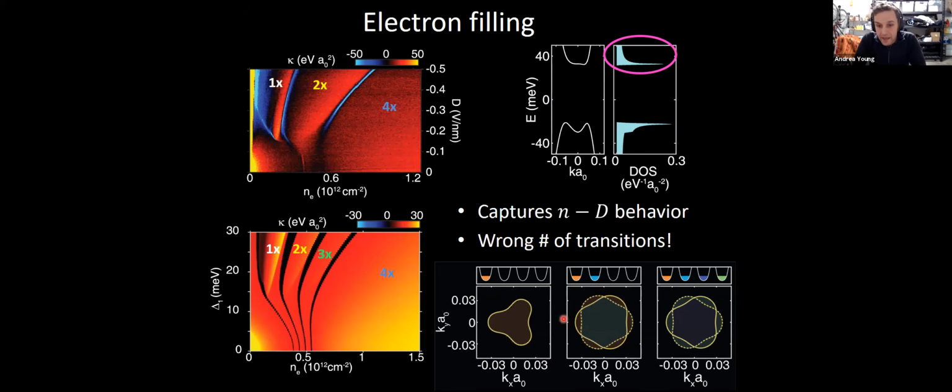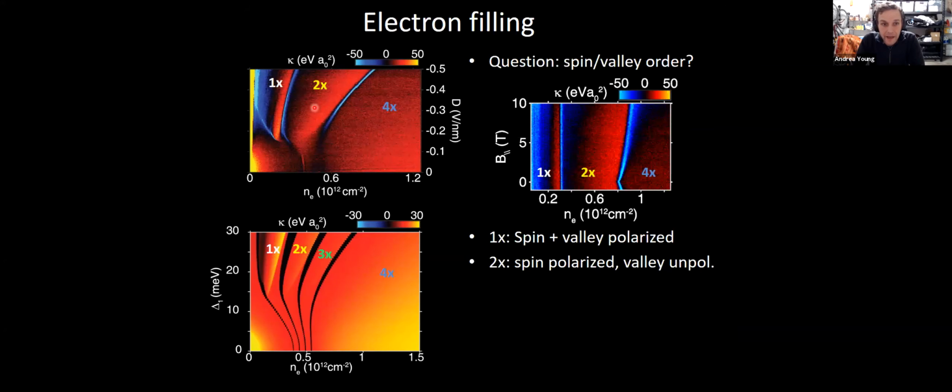But basically, we can take our experimental data and understand that at zero magnetic field, we have apparently full spin and valley polarization in this one-fold state, 2 out of 4 flavors occupied in this two-fold state, and then a restoration of spin and valley symmetry in this fourfold state.